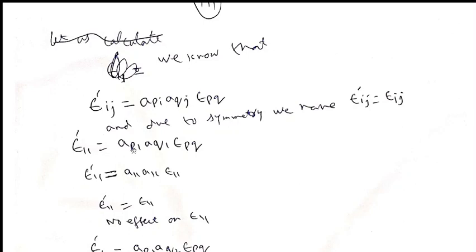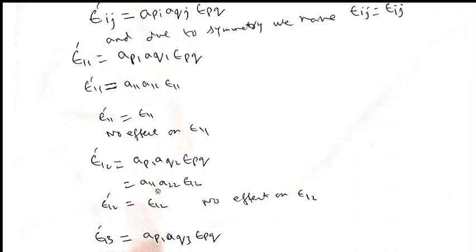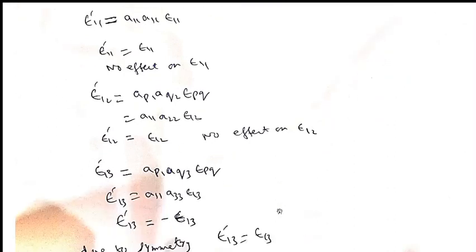Other than 1 at the place of p and q, they will be 0. So a11 a11 epsilon 11, so epsilon 11 dash equal to epsilon 11, so no effect on epsilon 11. Let us check epsilon 12 dash. So here will be 1, here will be 2, so it will be again epsilon 12 dash equal to epsilon 12, no effect on epsilon 12. Similarly, there will be no effect on epsilon 21.